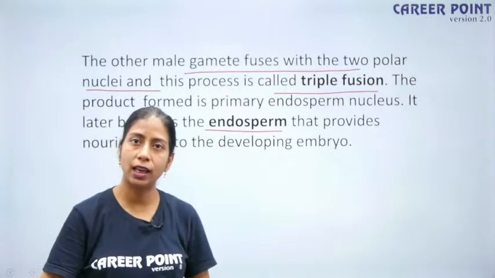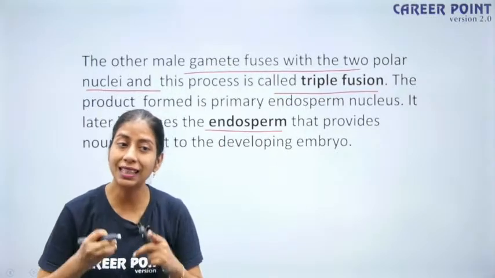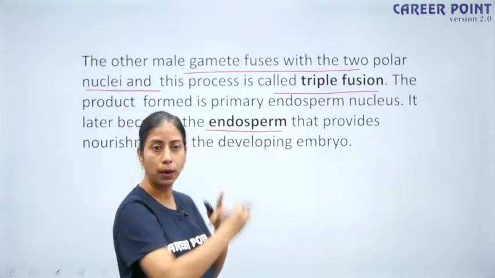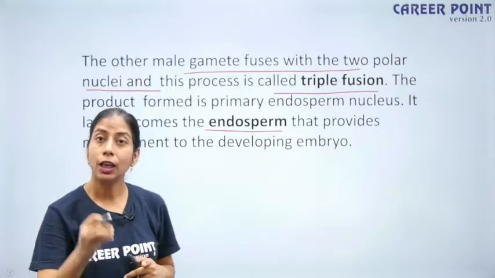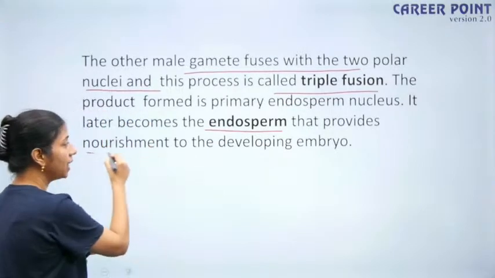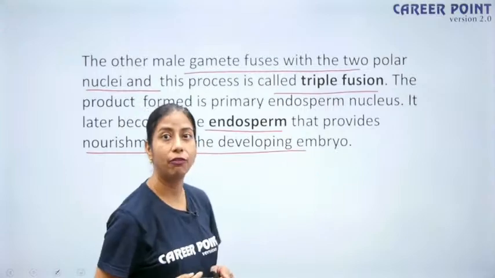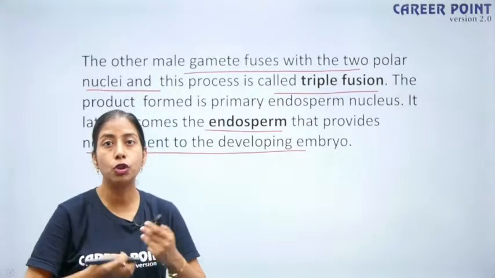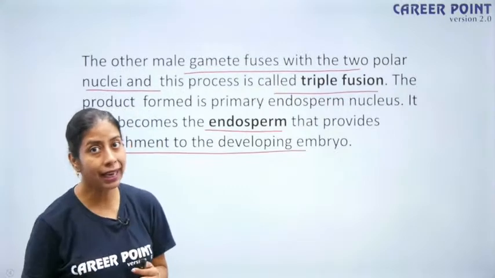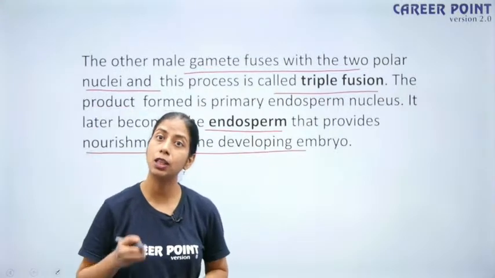What is this endosperm and why we are studying about this endosperm? हम इस एंडोस्पर्म के बारे में क्यों पढ़ रहे हैं? क्योंकि it will provide the nourishment to the developing embryo. जो एम्ब्रियो ग्रो हो रहा है उसको न्यूट्रिशन चाहिए और उसके लिए एंडोस्पर्म का बनना जरूरी है.